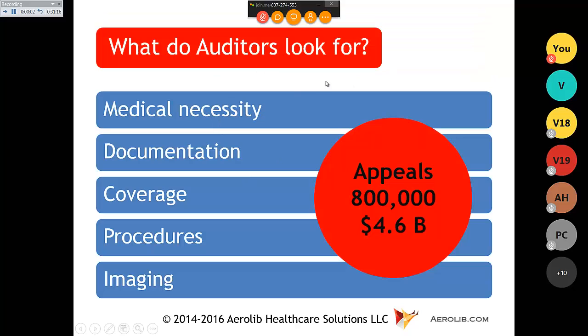So what do auditors look for? They're looking for medical necessity, documentation, coverage, procedures, imaging. If we can do rock solid documentation, it prevents us from being in this queue of appeals, which at this stage, January 2017, stands at about 800,000, valued at 4.6 billion.